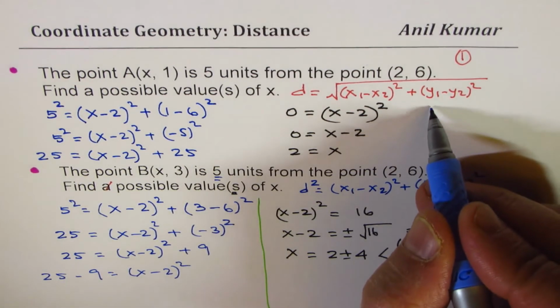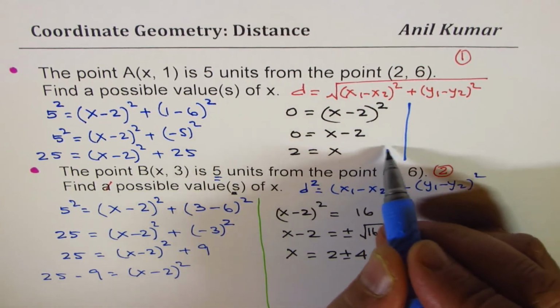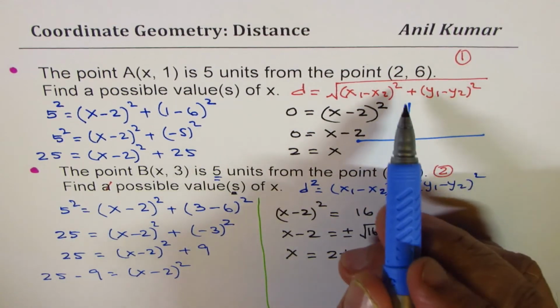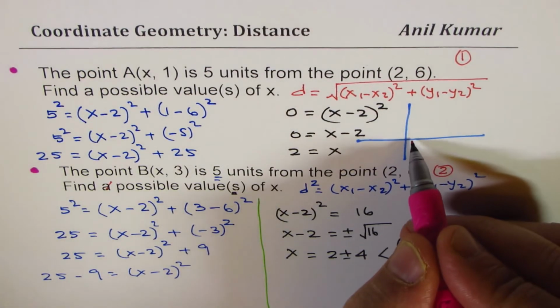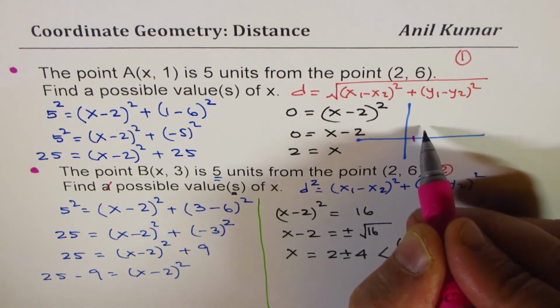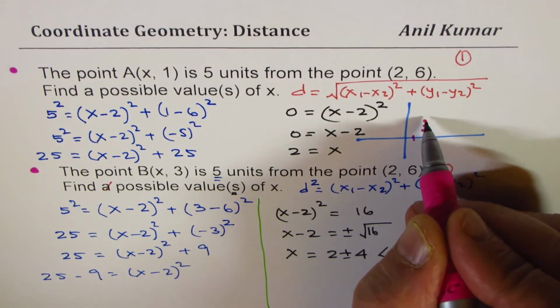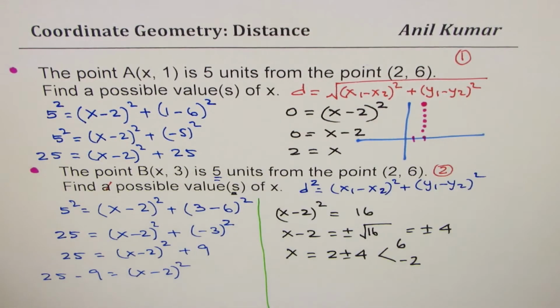So basically, let's make a sketch here. We're talking about the point (2, 6). Let's say this is 1, this is 2, and then this is 1, 2, 3, 4, 5, 6. So we are talking about this point (2, 6).